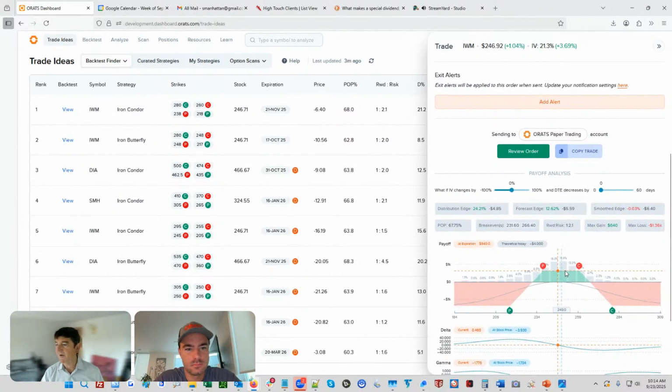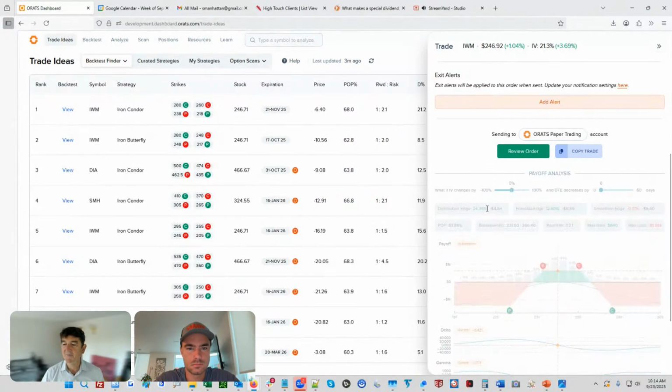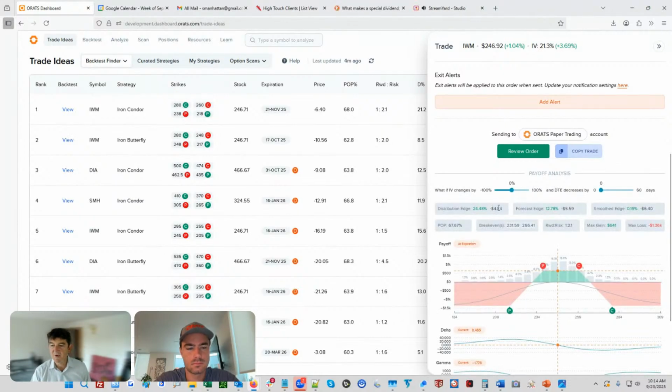Then we overlay the value of the trade at expiration, and multiply out the probabilities times what the value is at each probability bucket, and you get a distribution value. So that distribution value is pretty low. The distribution only has it worth 484.